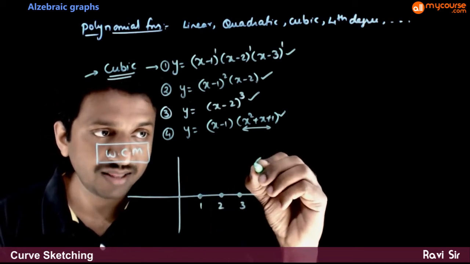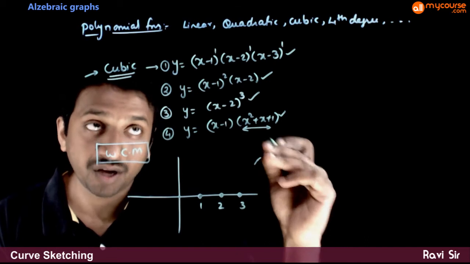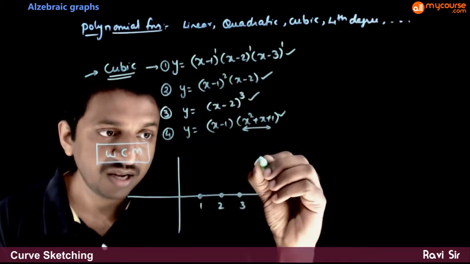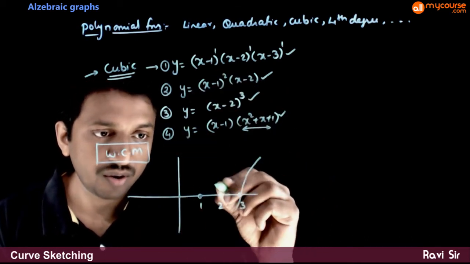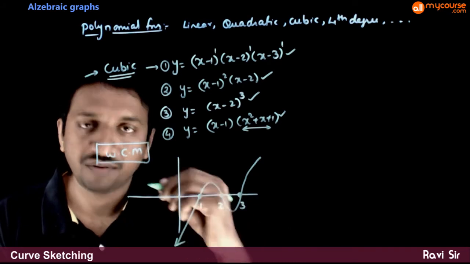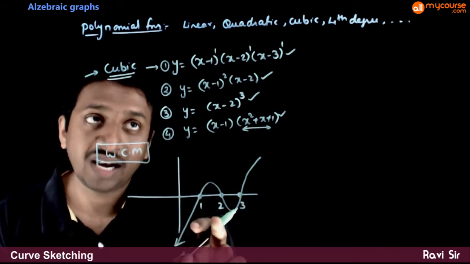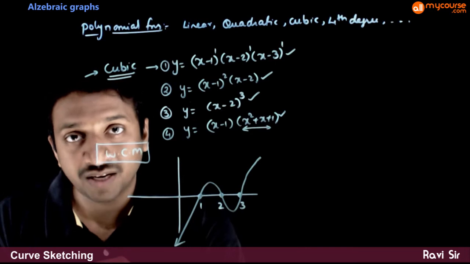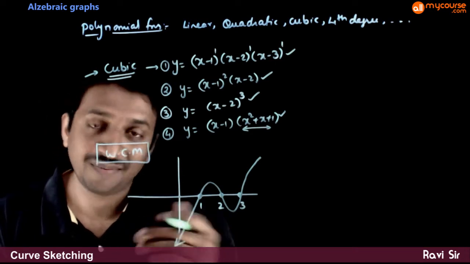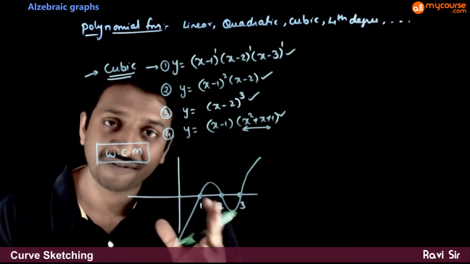You start from above because the leading coefficient is positive, and just draw a wavy curve. So this will be the graph of x minus 1 into x minus 2 into x minus 3. As simple as this. This is the rough graph.